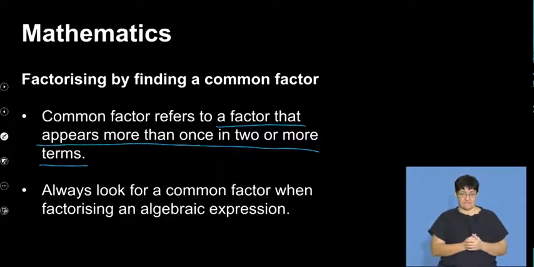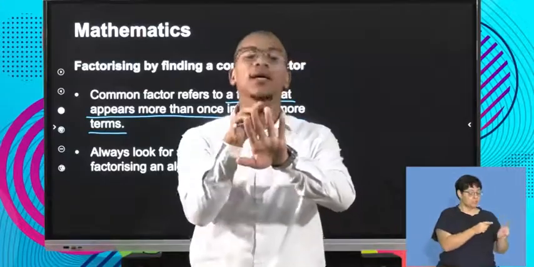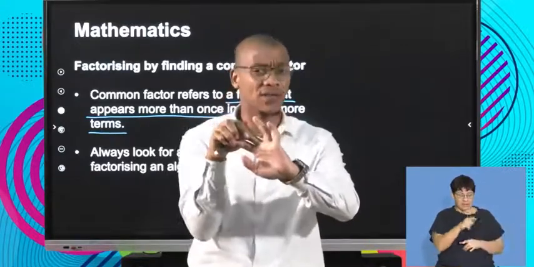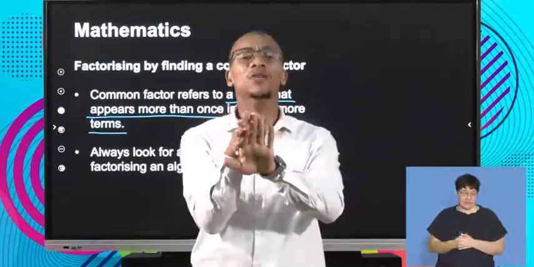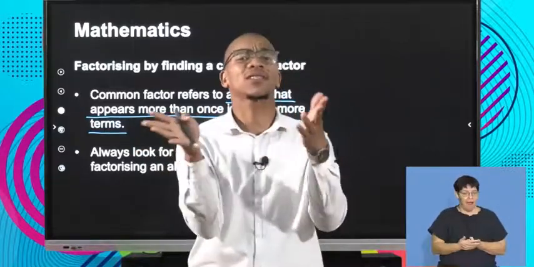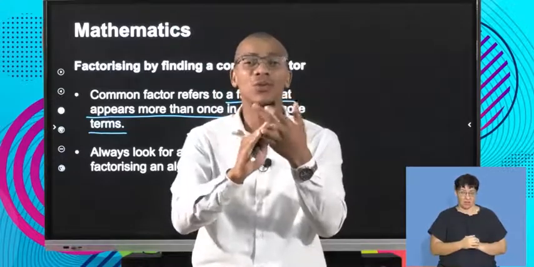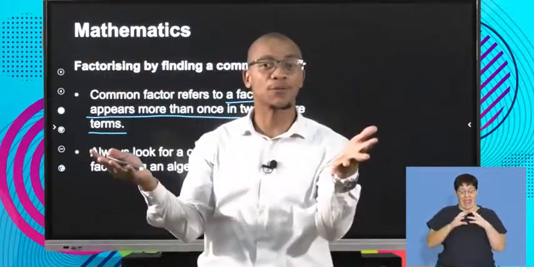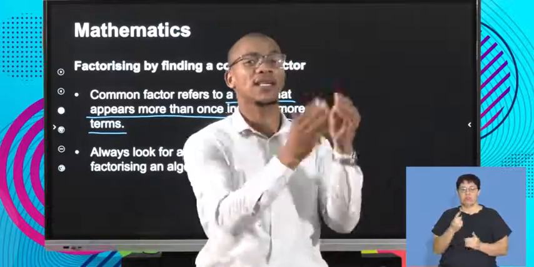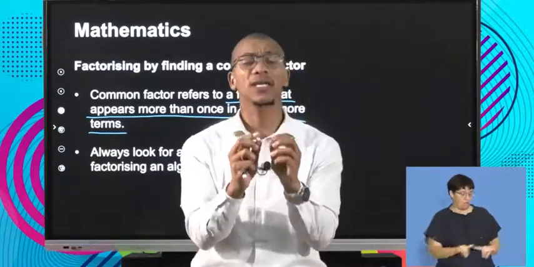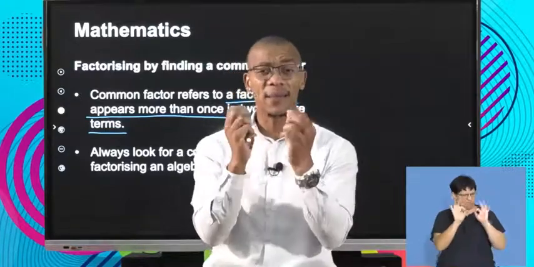Because if it appears only on the first two, then you will need to only take a common factor for the first two terms and leave the rest of the terms. But if it appears on all of them, then you can take out a common factor for all of them. Just make sure that if it appears on the first two, you don't put everything else in brackets, but only take the common factor for the first two terms. Please make sure that you do that. I will show you exactly what I mean by this.